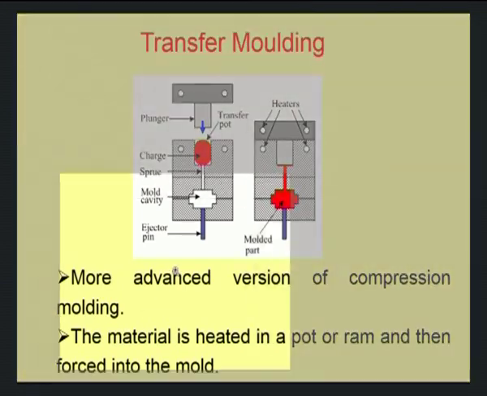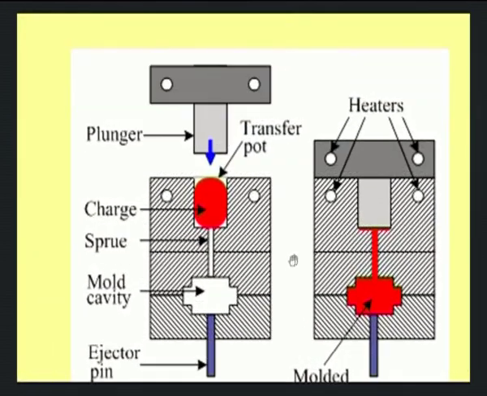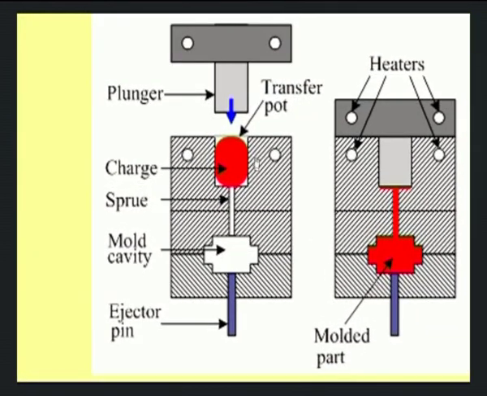In the transfer molding, this is the plunger and this is the transfer pot. The transfer pot has provisions for a piston and cylinder arrangement. The housing that surrounds the transfer pot has the necessary heaters to heat this pot. Now, this is the mold cavity and this is the ejector pin.